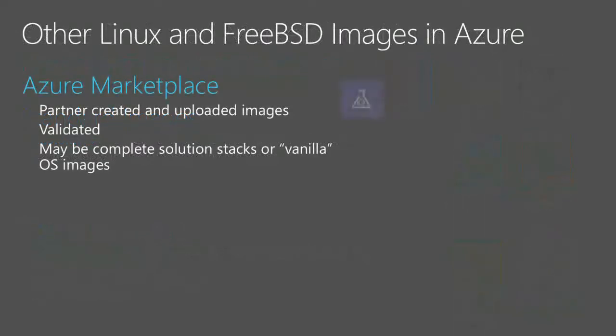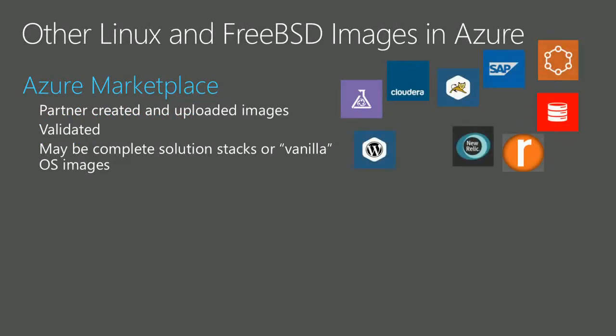And then there are others, like I mentioned, we're really building up the ecosystem, and there's a bunch of other images available in the Marketplace. The ones I showed you earlier, the curated, endorsed ones, are mostly plain vanilla distros.